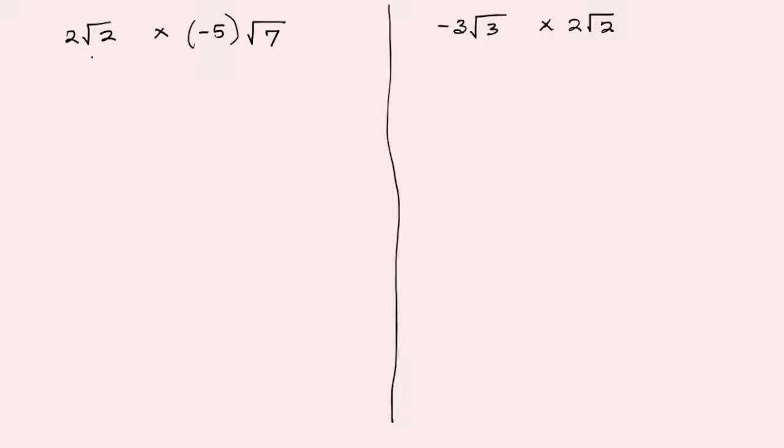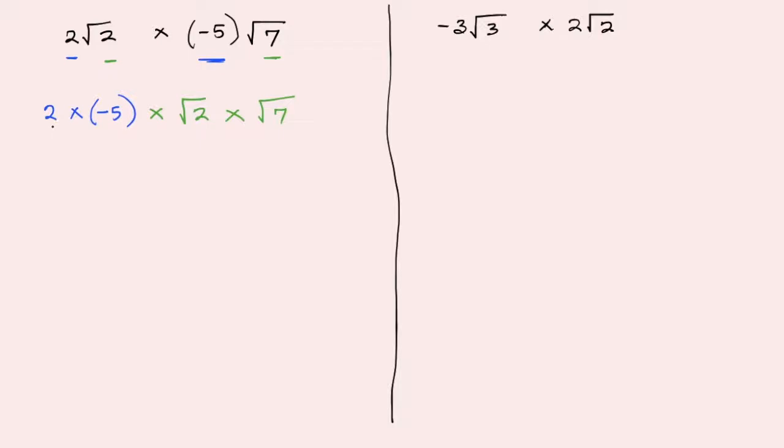Now let's start with this one. And like we said, we can combine the numbers outside the radical sign. And so this is going to be equal to 2 multiplied by minus 5. And then we combine the numbers inside the radical sign, the square root of 2 multiplied by the square root of 7.